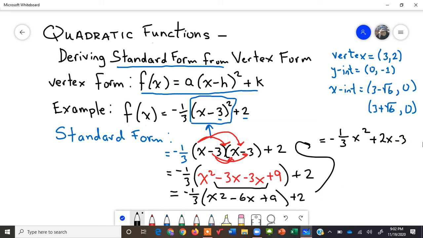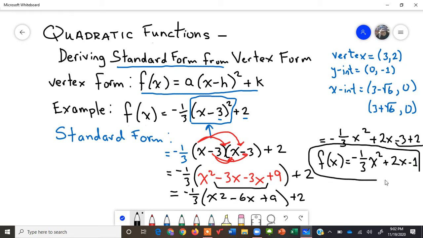Then we have to add this 2 here. So in standard form, what we have is f of x equals negative 1/3 x squared plus 2x, combine the constants to get minus 1.